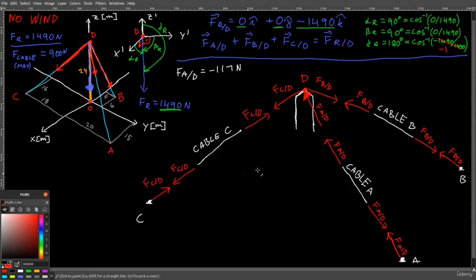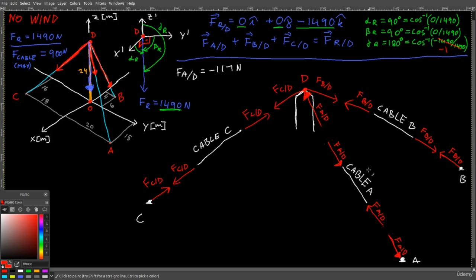And so according to Newton's third law, which is action and reaction, on this side of the cable, you would have this force. And then on this side of the cable, you would have this force. And then point A on the ground would experience this force.